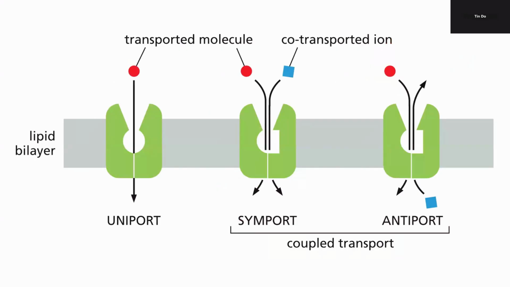So there are different types of paths that we can talk about. We can talk about one path, double path, or anti-paths. And again, this is just a review from GenBio, but if we're looking at a singular path where it only affects one ion or one solute, we call this a uniport, right? It travels in one direction.